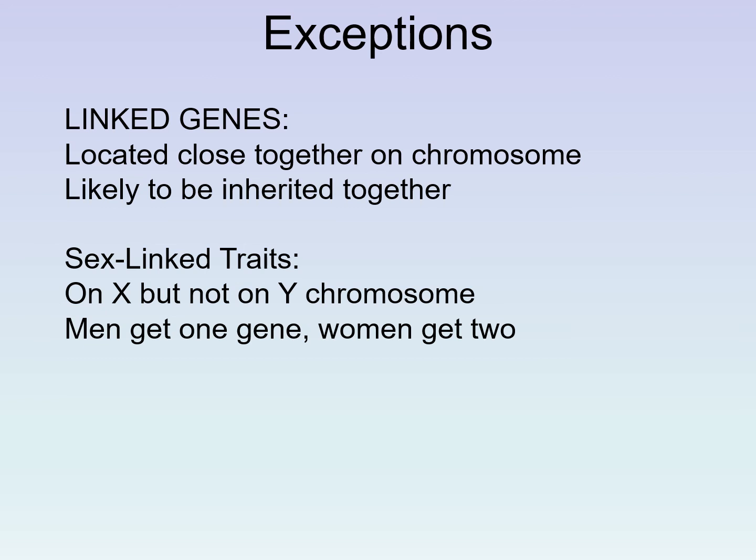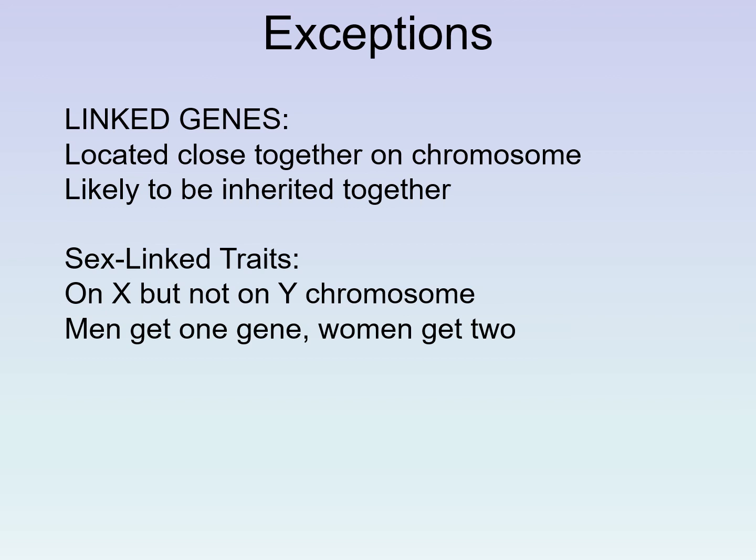Like gene linkage, nearly all of the exceptions that geneticists have found to Mendel's basic laws are due to the behavior of chromosomes. One very interesting set of exceptions that you could explore further on your own is sex-linked traits. In such cases, genes are located on the sex chromosomes, the X and Y chromosomes. These chromosomes follow usual patterns of inheritance, right? They're passed down in meiosis and fertilization like all of your other chromosomes.